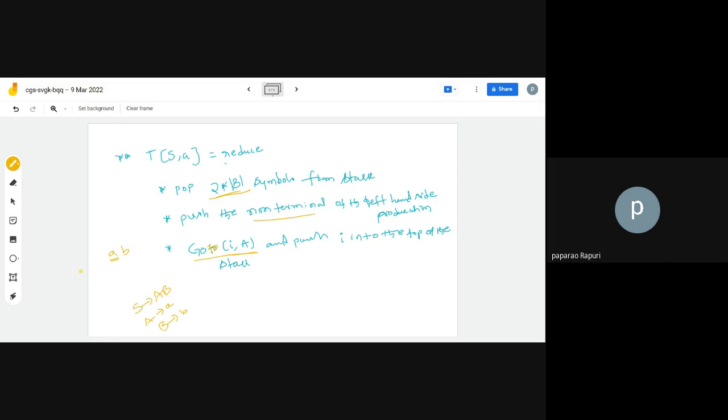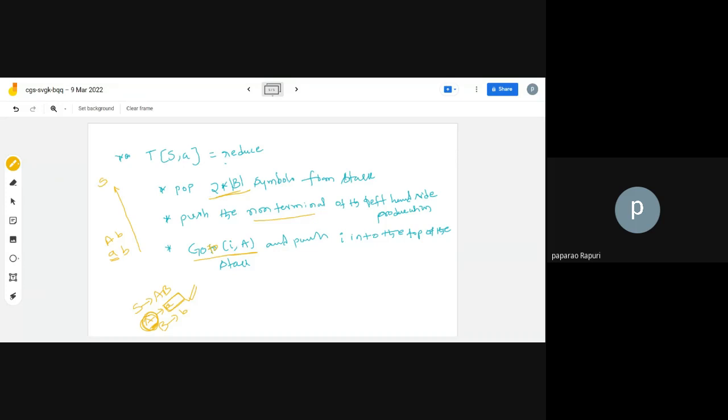Here small a is the handle because it matches the rightmost side of the production A derives a. So we are replacing small a with capital A here, reducing the handle with capital A for the process of moving to the start symbol.